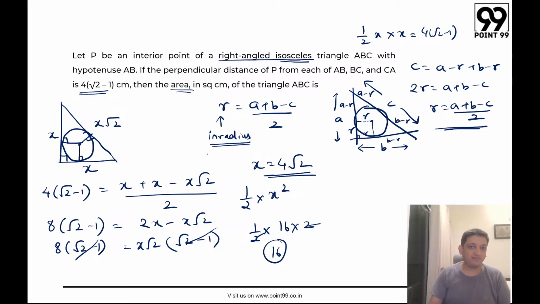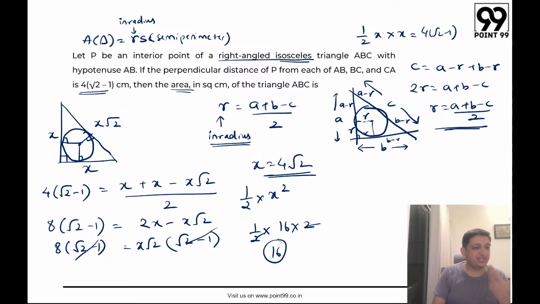If you know this form, then this is basically a one-step or two-step process that you are going to follow. Another formula that exists in terms of right angle triangles and semi-perimeter is that the area of any triangle is given by r into s, where r is the inradius, same concept, and s is the semi-perimeter, half of the perimeter.